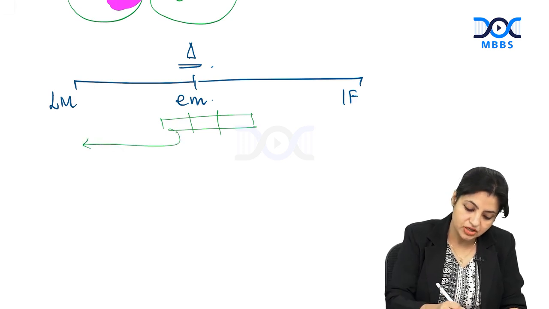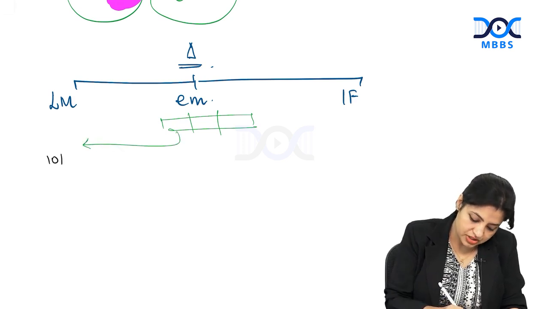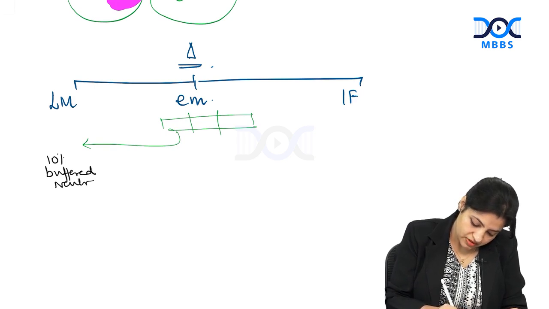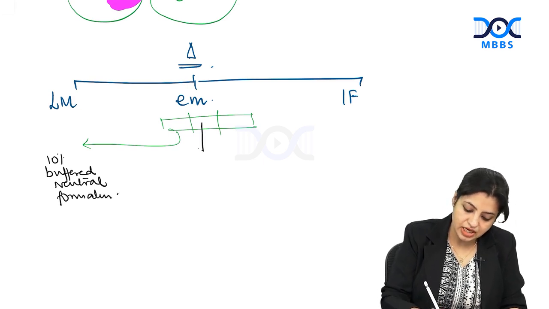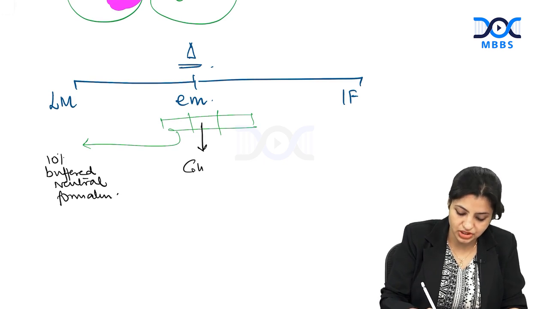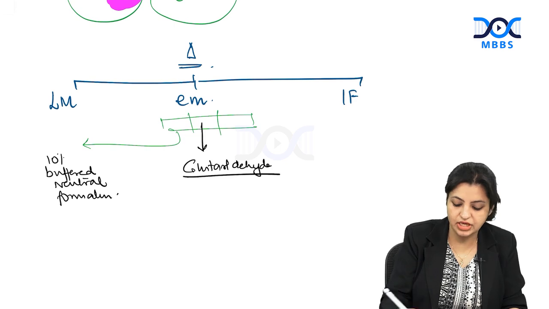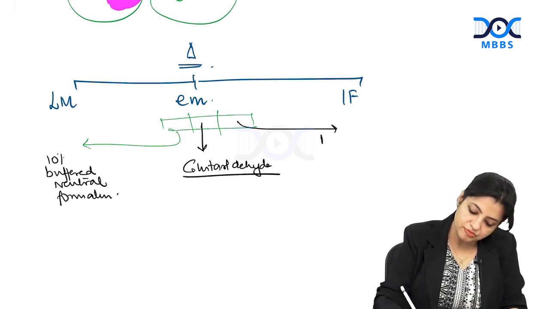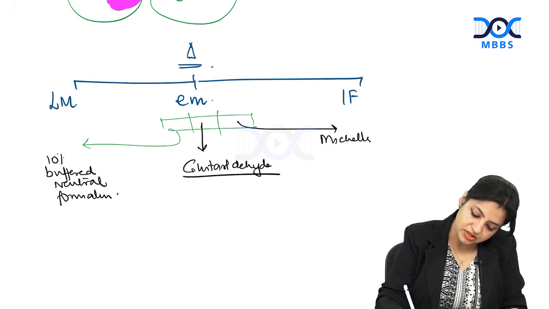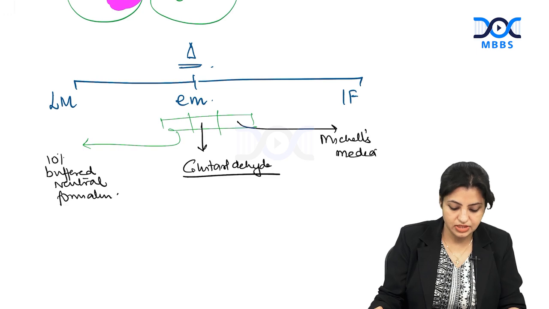The first part, we put in 10% buffered neutral formalin, which is the fixative for light microscopy. The second part we put in glutaraldehyde, which is a fixative for electron microscopy. And the third part we put in Michel's media, which is a fixative for immunofluorescence.